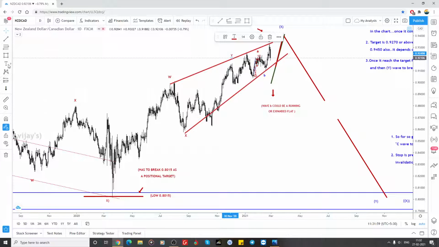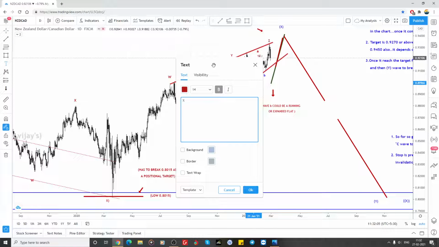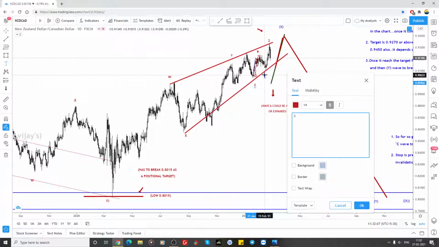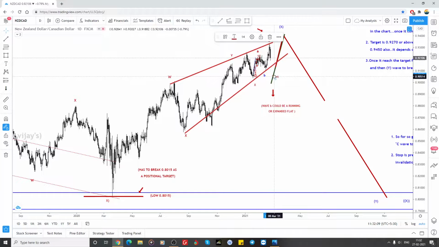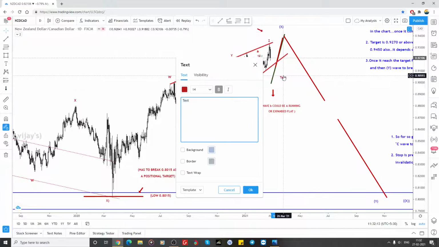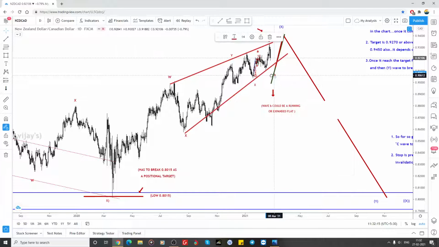So this is the X wave. This is the X. So A, B, and C. So this B and C got over. So W, X, Y, X, A, B, C, Z.